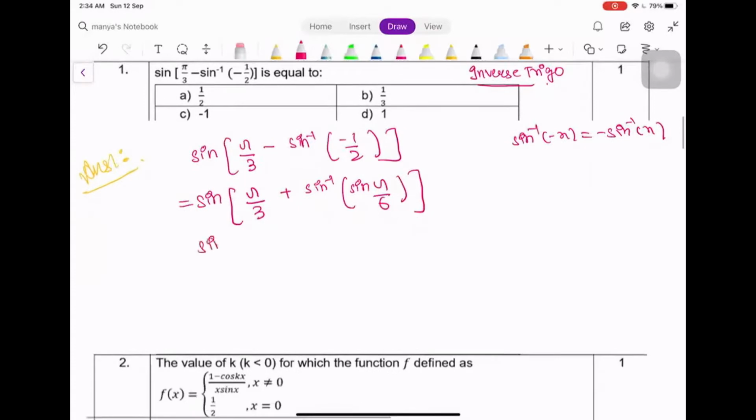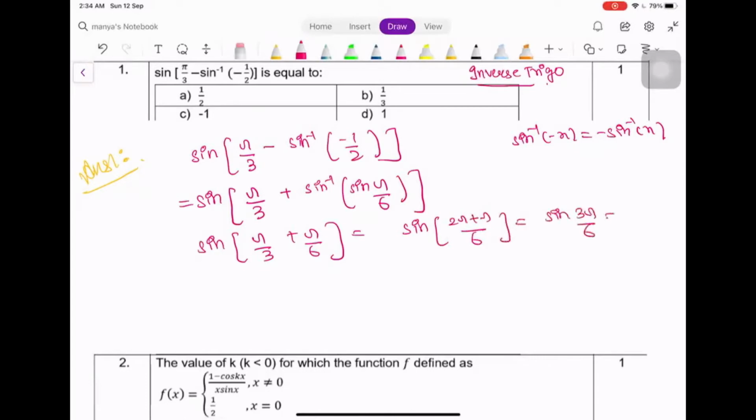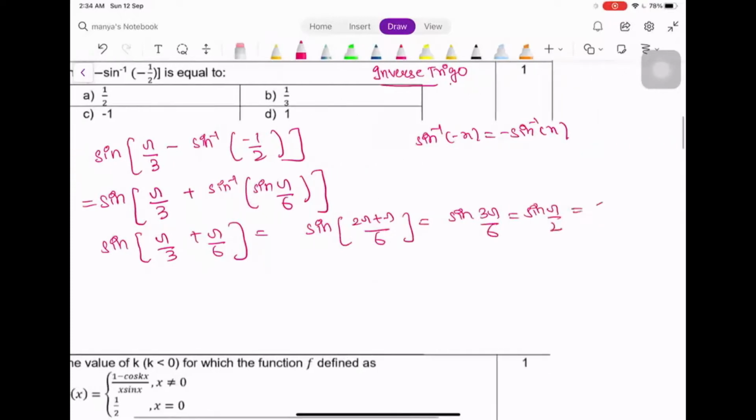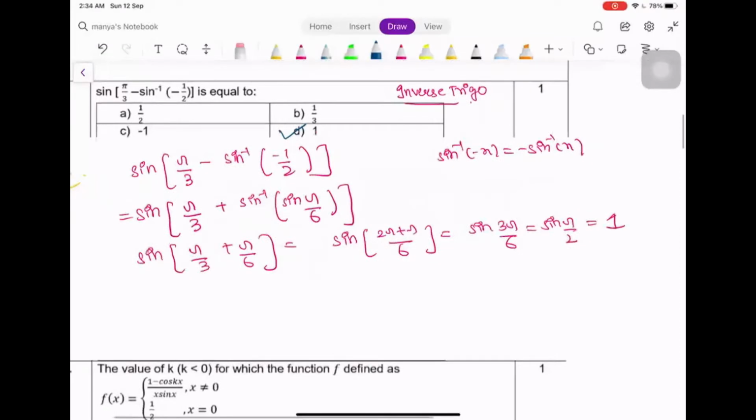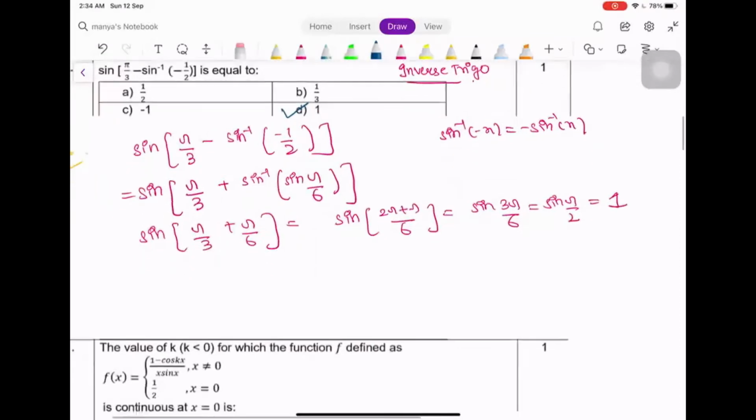So we could write sine of pi by 3 plus pi by 6, which is equal to sine 3 pi upon 6, which is equal to sine pi by 2. Sine pi by 2 is 1. So option B is our correct option. I hope you all have understood this question. So let's move to the second question.